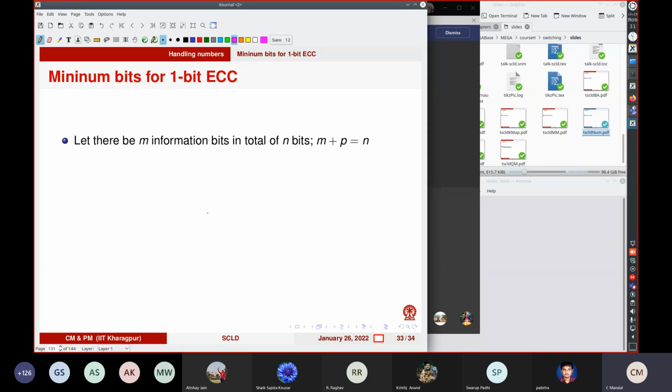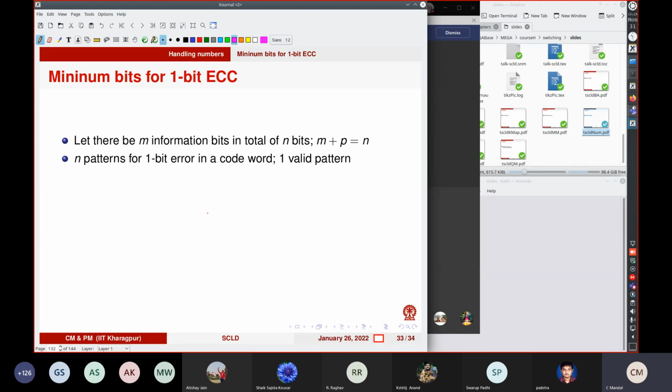So let us just see what will be the minimum bits for a 1-bit error correcting code. So let there be m information bits in a total of n bits. So you have a total of n bits, and among them you have, let us say, m information bits. So the number of parity bits p should satisfy the equation m plus p equal to n.